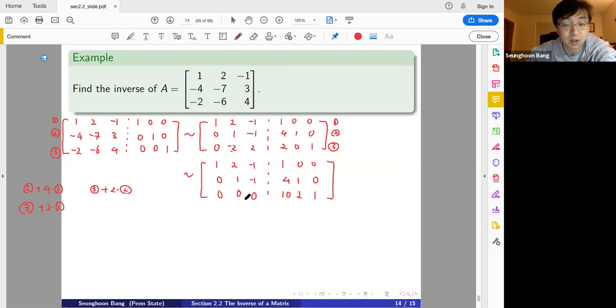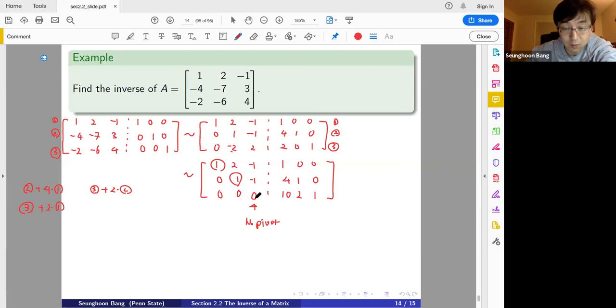What happens? We cannot change this to the identity matrix. We have pivot, pivot. Here, no pivot. So what does it mean? No pivot. We don't have an inverse matrix.